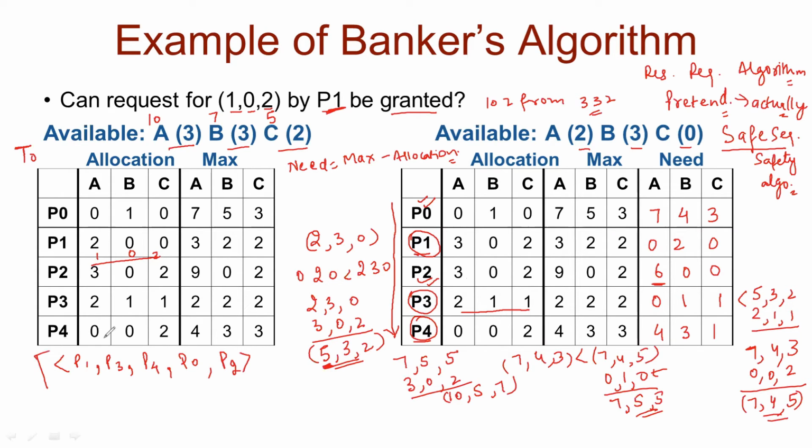This sequence is a safe sequence. So if we grant this request of P1, then by using the resource request algorithm, we see that the system remains in a safe state. We were able to find a safe sequence. So the answer is yes. We can grant this request of P1 at time t1.